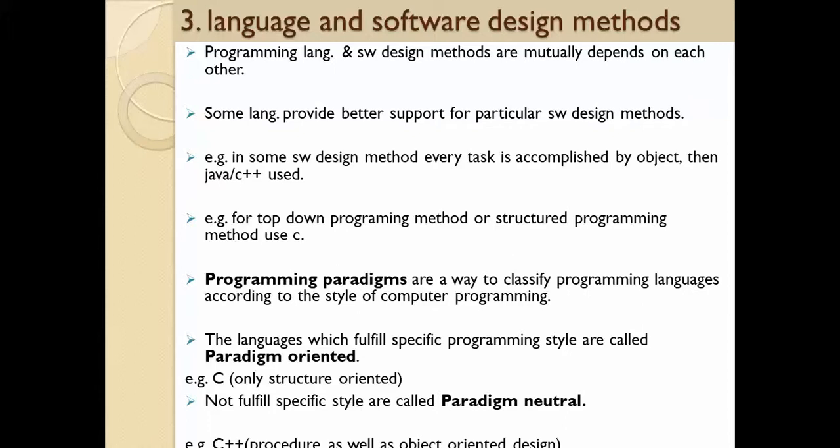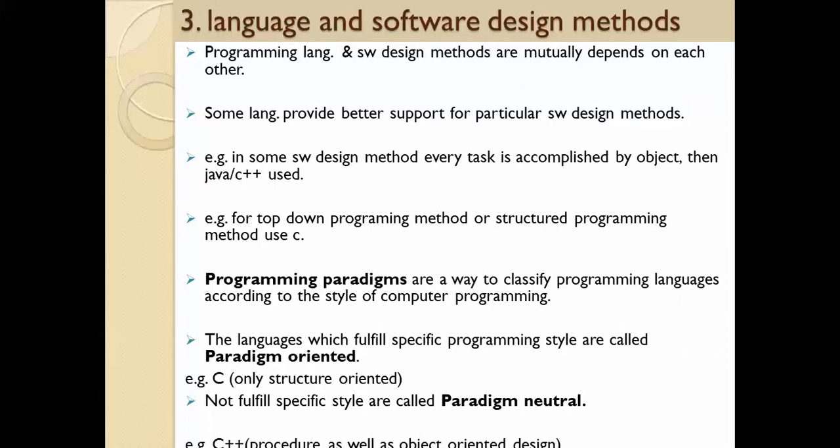For example, if in some software design method every task is accomplished using objects, then object oriented languages are preferred, such as Java or C++. Another example: for top down programming methods or structured programming methods, the C language is preferred.